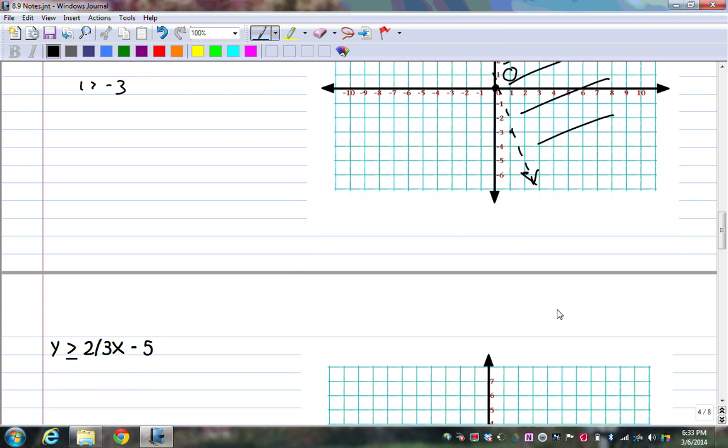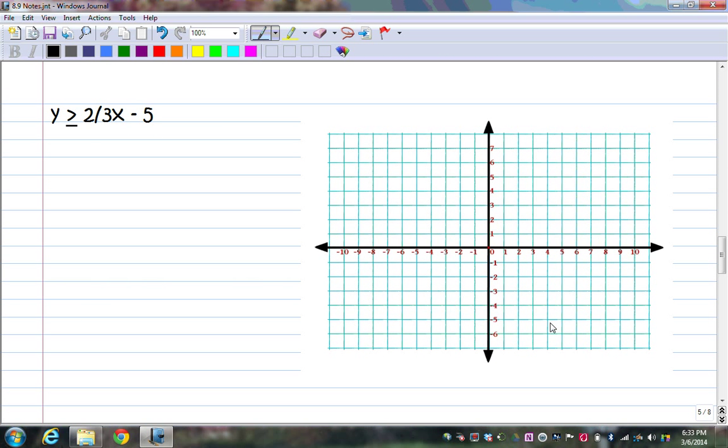All right, next, y is greater than or equal to 2/3 x minus 5. I can't write 2/3 very nicely with the font, so I'm going to rewrite this inequality. First of all, my b value is negative 5, and my m is 2/3.